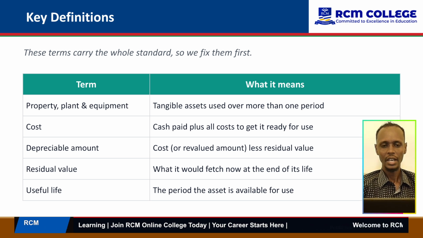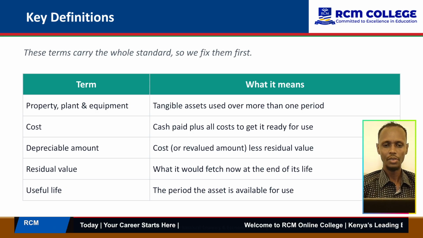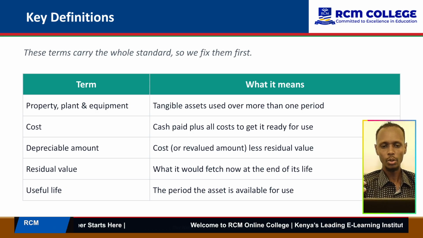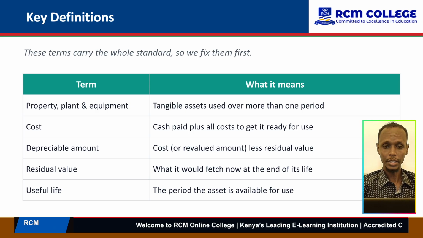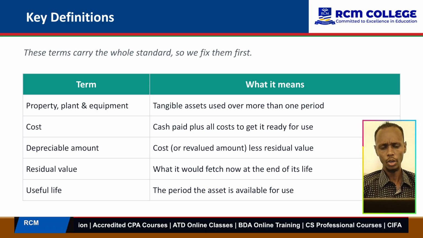Useful life is how many years that asset can serve you. An asset can serve you 5 years, 6 years. Those years which the management estimates in consultation with the professionals is what we call useful life. In Kenya, in the public sector, we normally provide guidelines, like a motor vehicle can have say 6 years.